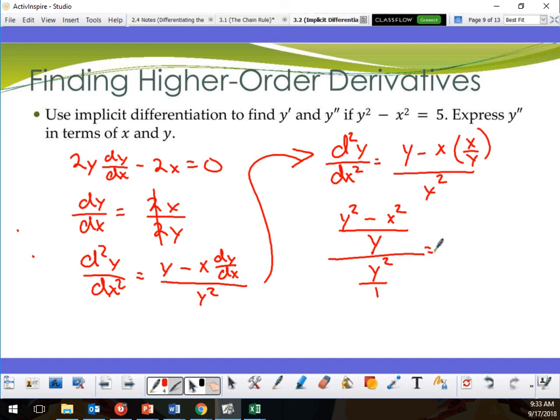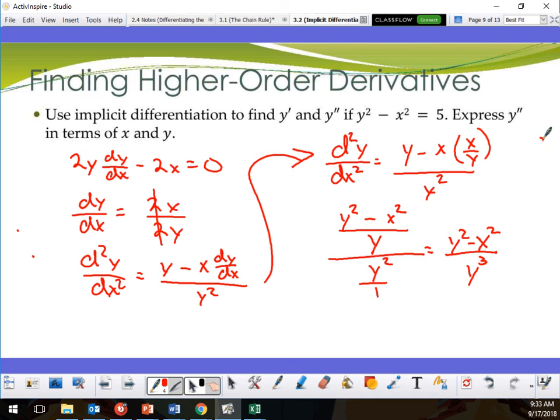If I multiply by the reciprocal, it's going to be y squared minus x squared over y cubed, right? Because I'm multiplying by the reciprocal, y cubed. So I have everything for my second derivative in that term right there. That's in terms of x's and y's.